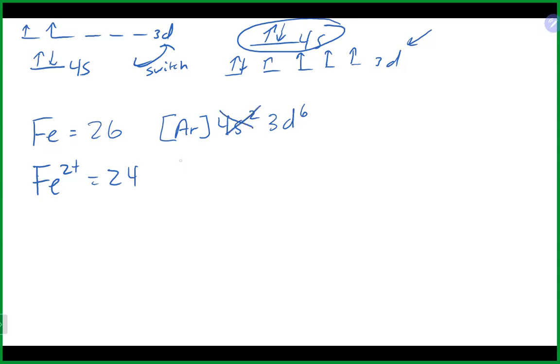And the correct configuration would be argon 3d6. So transition metals will always lose those S electrons first because of that switch in energy that occurs.